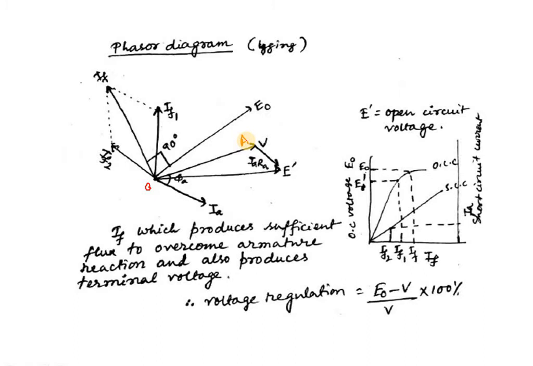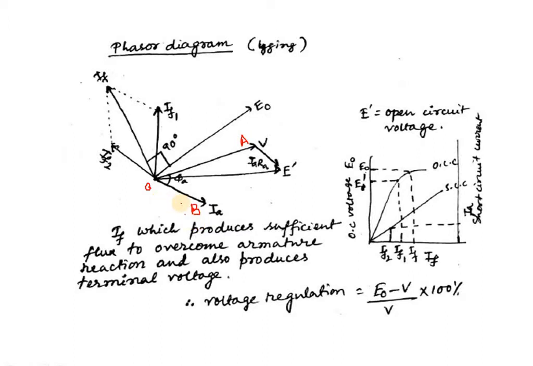Secondly, the armature current phasor IA is drawn lagging the phasor V by the lagging power factor angle phi. This IA is drawn at lagging power factor with angle phi. So we have pointed out OB; OB is the axis.